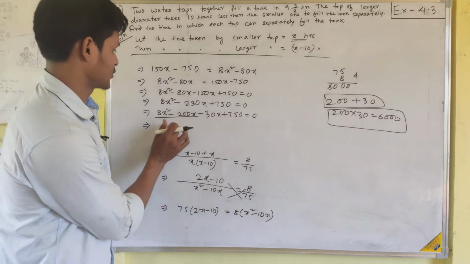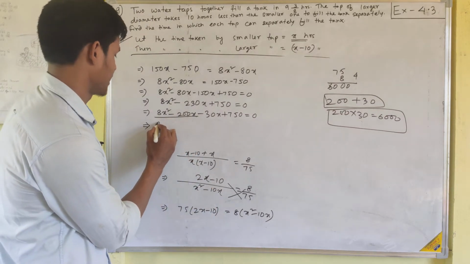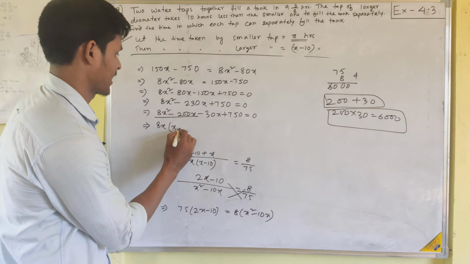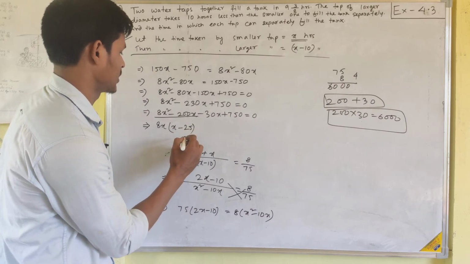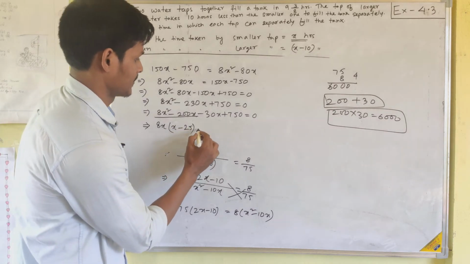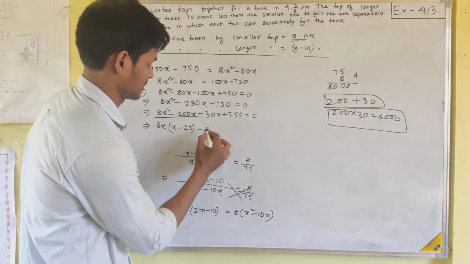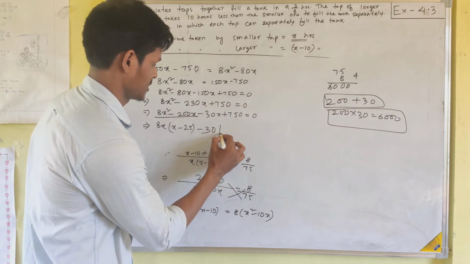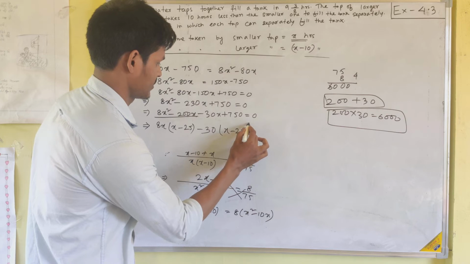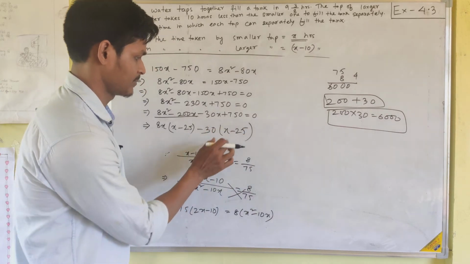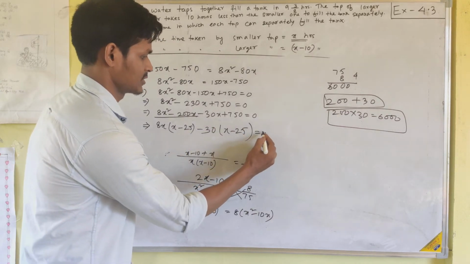From the first two I will take 8x common: x minus 25, 8 25s are 200. Minus 30 will be common from the others: x minus 25, 25 3s are 750, minus minus plus, equal to 0.